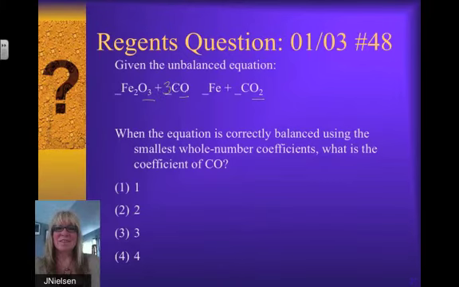So 3 oxygens here, 3 oxygens here, 6 oxygens. How do I get 6 oxygens? I put a 3 here. 3 times 2 is 6. Now I have 3 carbons, and I have 3 carbons there, so that worked out. I have 2 Fe's here, 1 here, so I'll put a 2 here. So the coefficient in front of the CO, carbon monoxide, is 3.